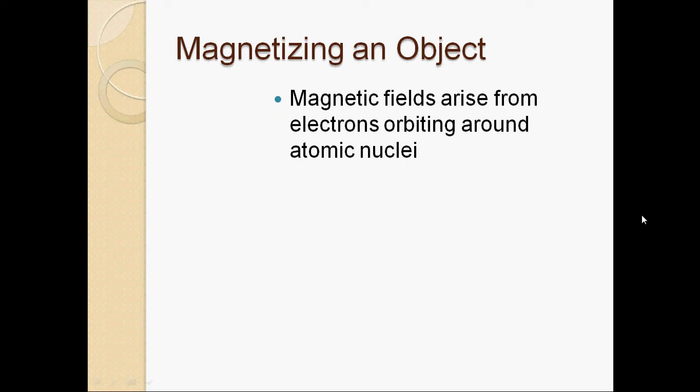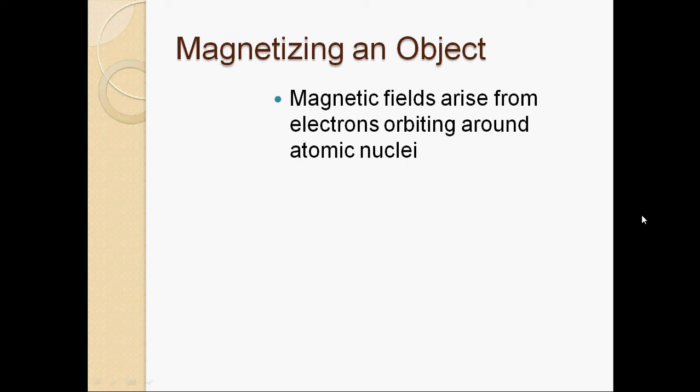What we find is that anytime we have a charged particle moving, it's going to create a magnetic field, always. And as it turns out, all the little atoms in your body have electrons orbiting around them. Since electrons are charged particles and they are moving, they're creating magnetic fields, which means every single atom in your body right now has a magnetic field.